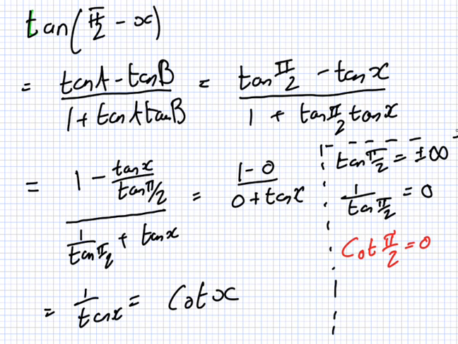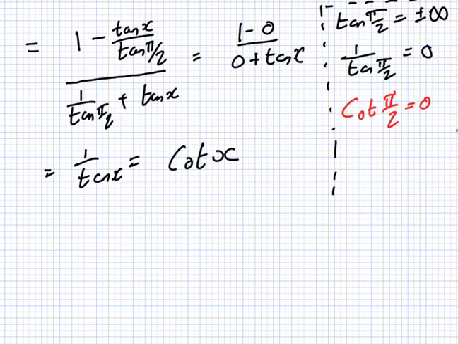Yep. So what we're going to look at now on page 52, we're going to go back to integration for a moment. We're going to use our rules of trigonometry for integration.